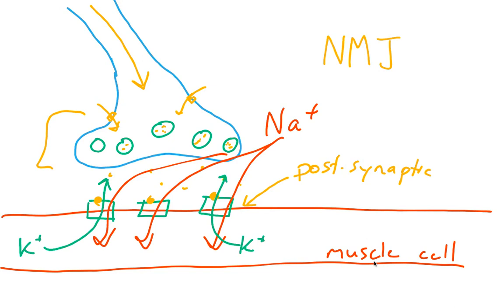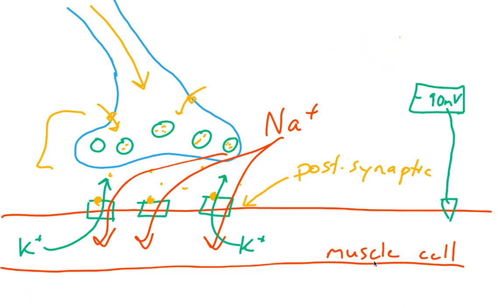And so I had described the ability to put a probe across this membrane and to actually measure the potential here. In the case of a skeletal muscle cell, we would see this at rest at about negative 90 millivolts. As that positive charge comes in, I always like to take a look at what would happen with our voltmeter.